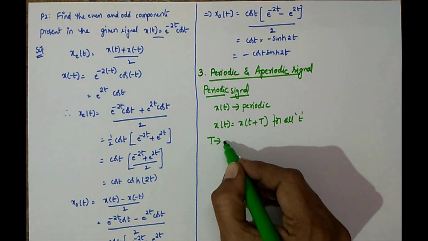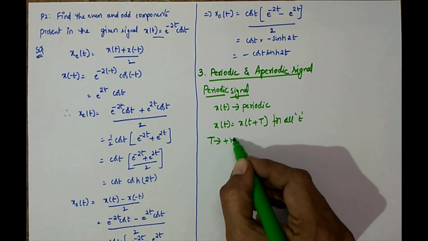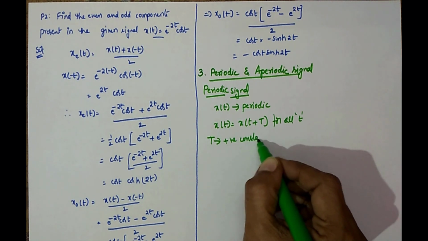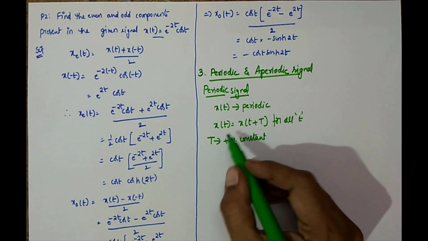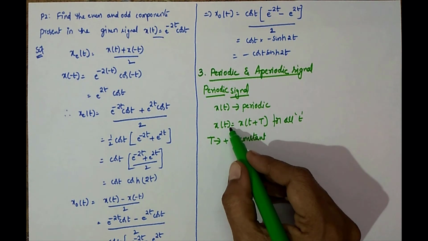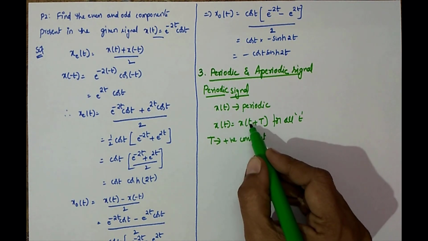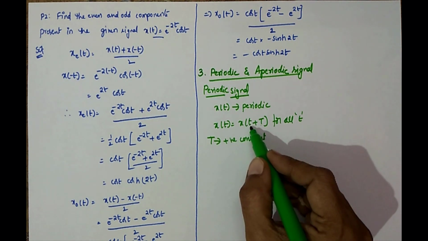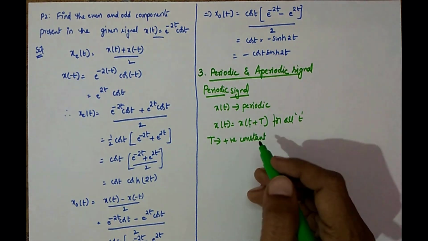T is a positive constant, and the signal is the same even after the addition of this positive constant to our existing small t.